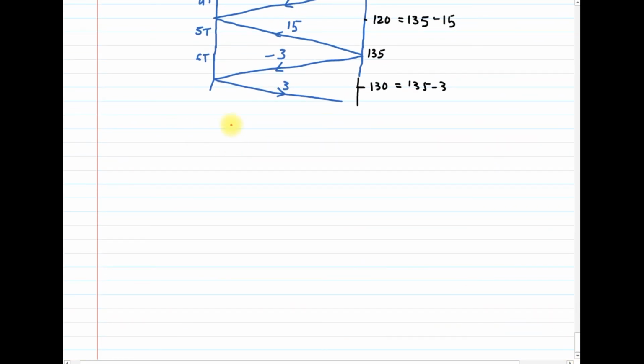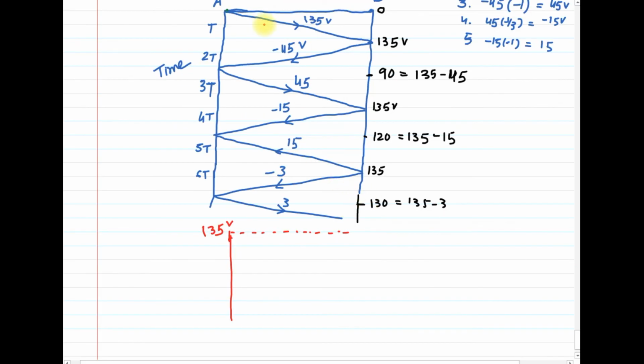The voltage wave, the maximum amplitude is 135. We will reach close to 135 after the full reflection of this wave from the transmission line. Clear?